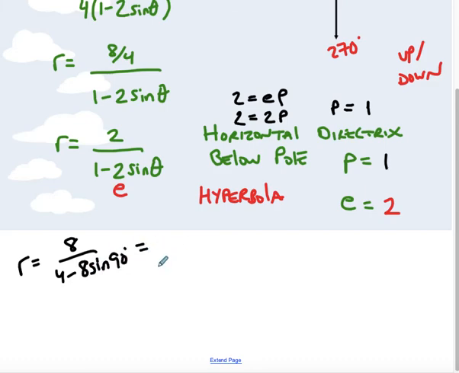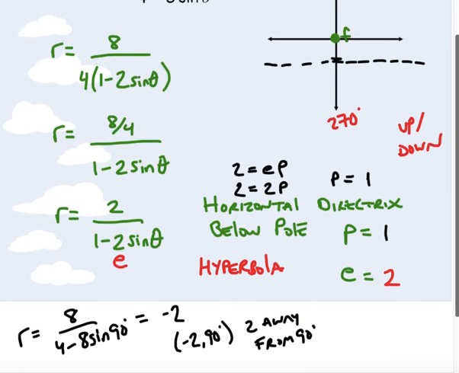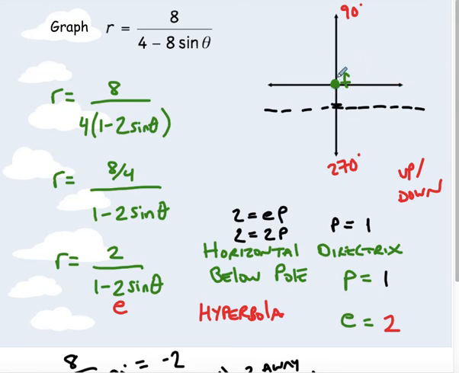You could type that in your calculator and you're going to get a -2. So what that means is I'm going to move 2 away from 90 degrees. Going to my picture, 2 away from 90 degrees would be right here. So that would be a vertex.